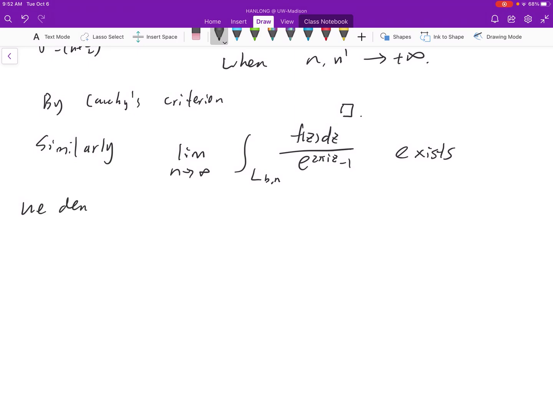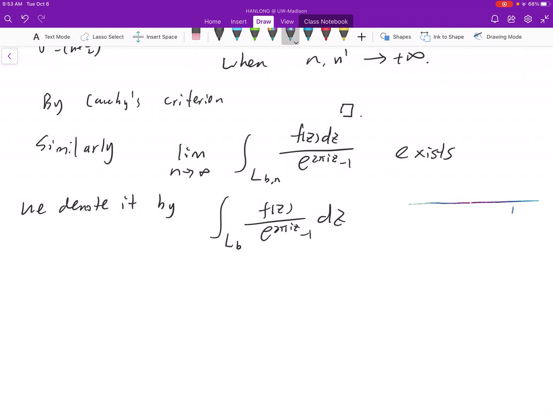We denote it by the integral along L_B of f(z) divided by e^{2πiz} minus 1 dz. Intuitively, it is just the integral along the line with imaginary part b.